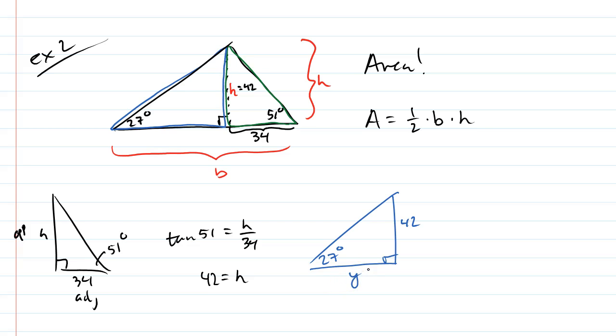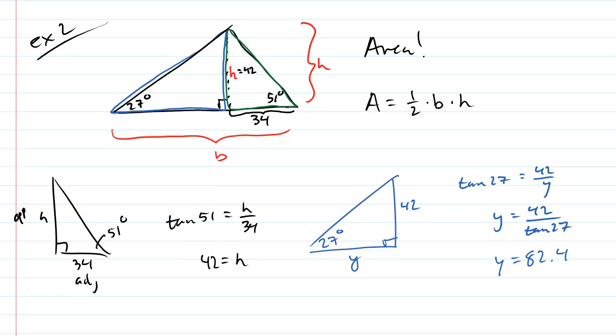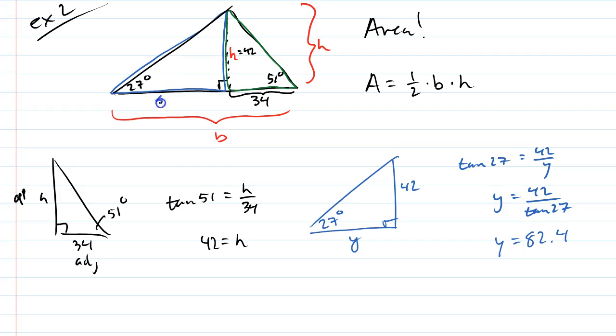Again, I'm going to be using tangent, because this is opposite over adjacent. Tangent of 27 equals 42 over y. I'm going to do the switcheroo, so y is 42 over tangent of 27. Doing that in my calculator, y is going to be 82.4. Okay, so this right here is 82.4.